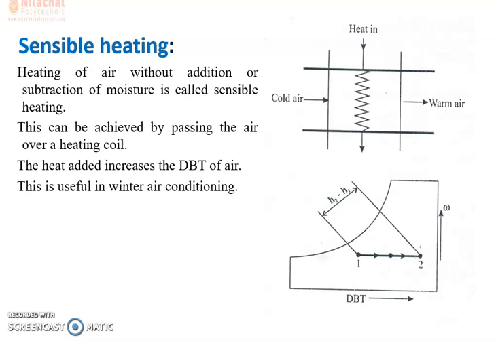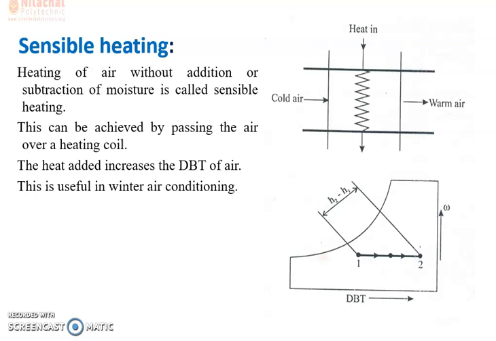Let's know the process. Let the air of temperature TD1 pass over a heating coil at TD3. It may be noted that the temperature leaving the heating coil, TD2, will be less than TD3. The process of sensible heating on the psychrometric chart is shown on the horizontal line 1 to 2, extending from left to right, since you are increasing the temperature. The point 3 represents the surface temperature of the heating coil.